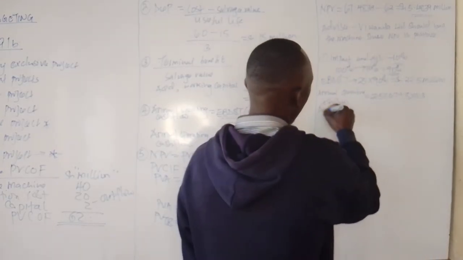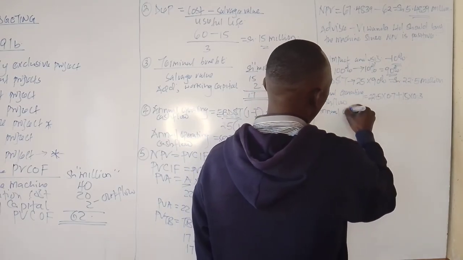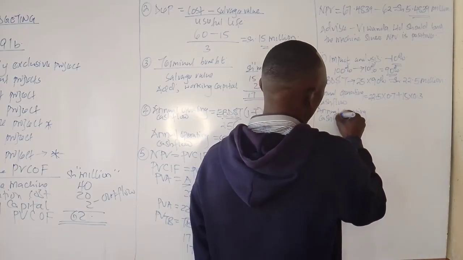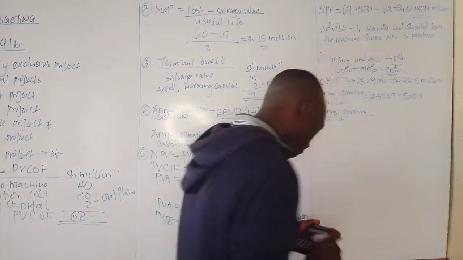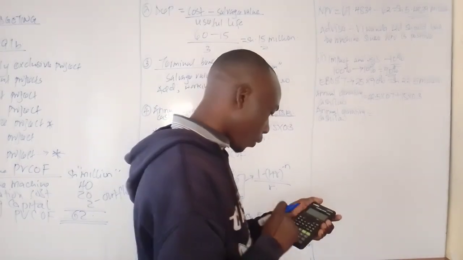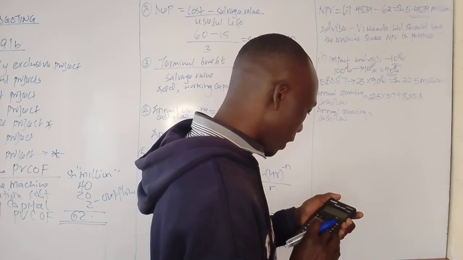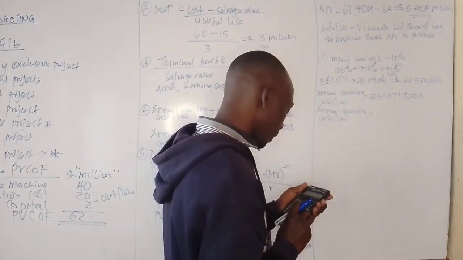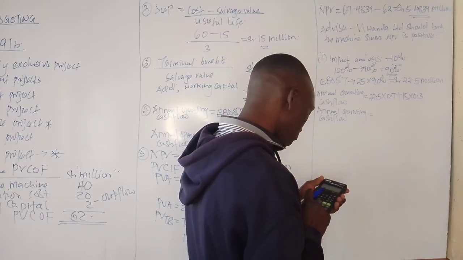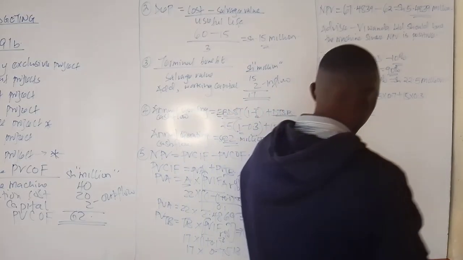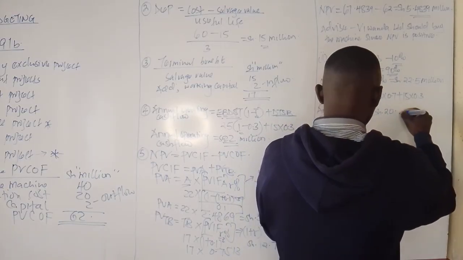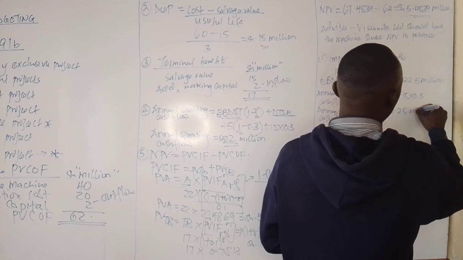So therefore, our annual operating cash flow will be, take 22.5 multiply by 0.7, so you will get 15.75, then you add 15 times 0.3, so you will get our annual operating cash flow as shillings 20.25 million.